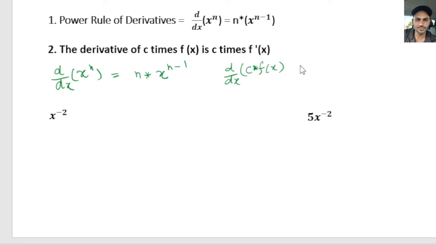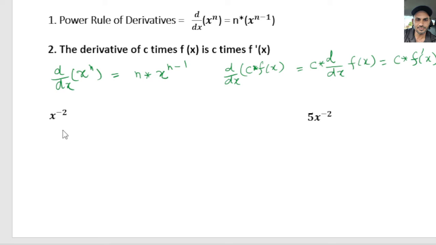So when we take the derivative, we take the c out of the derivative, and then we have c times d over dx of f of x, which is equal to c times f prime of x. That's another notation we use to write our derivative, f prime of x. Okay, so let's go ahead and do this one.